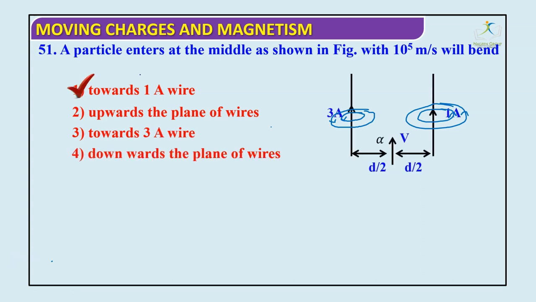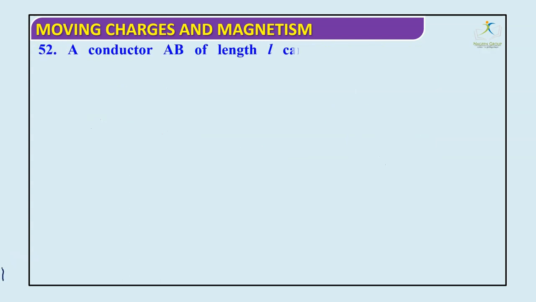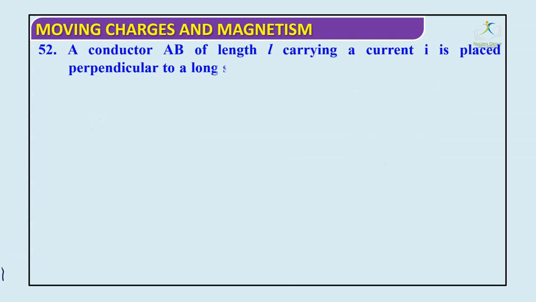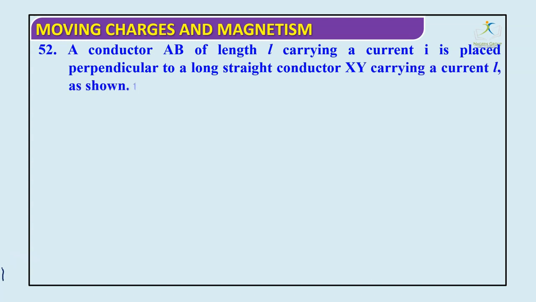Next, moving ahead with the next question. A conductor AB of length L carrying a current I is placed perpendicular to a long straight conductor XY carrying a current I as shown.